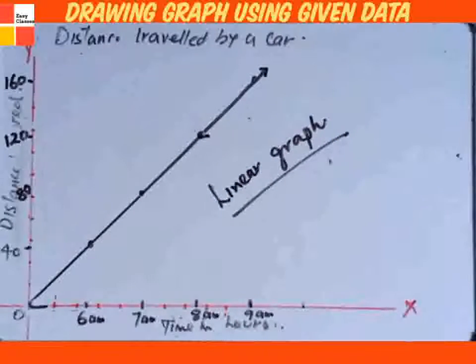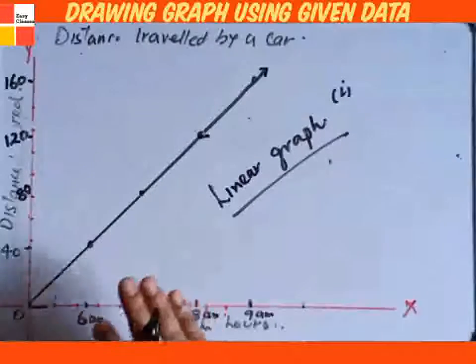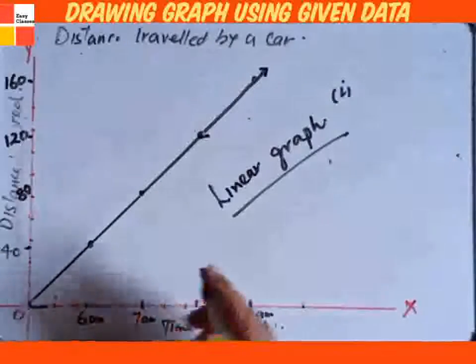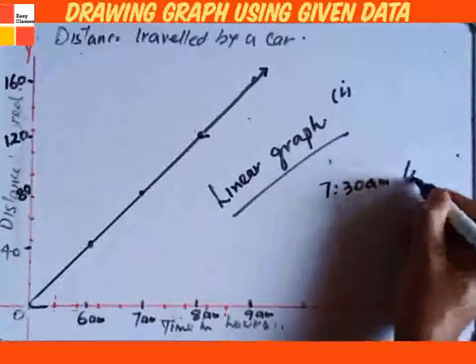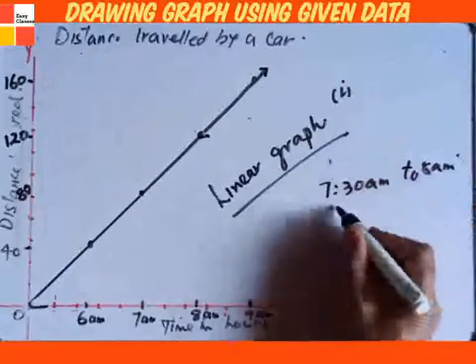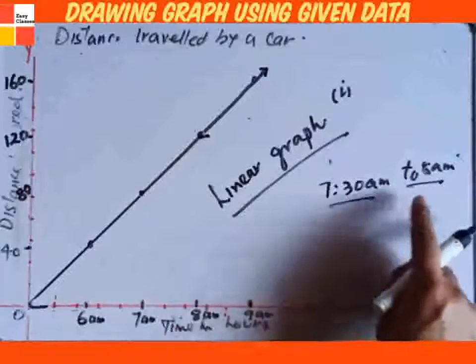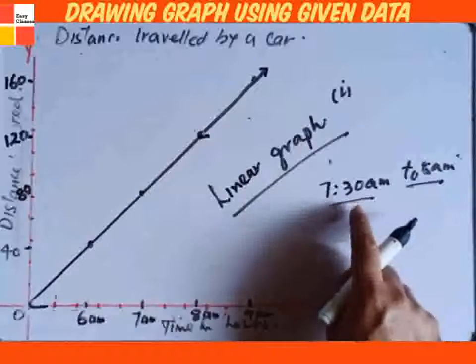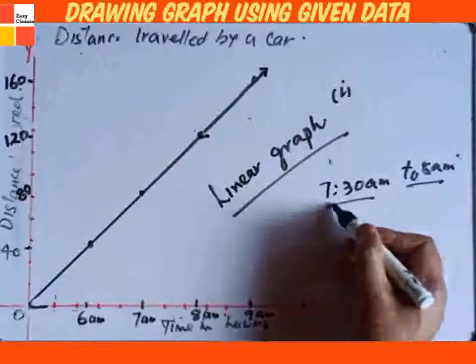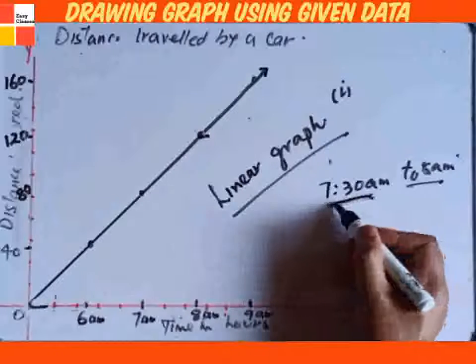Now say, for example, there's a question. If anybody asks you, how much distance did the car cover during the period 7:30 a.m. to 8 a.m.? Means between this time period, how much distance did the car cover? First we have to locate this time period.